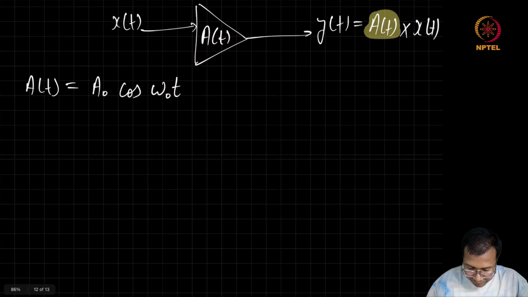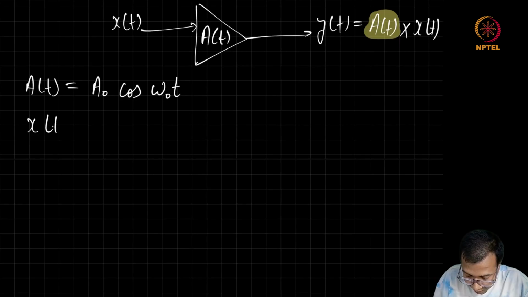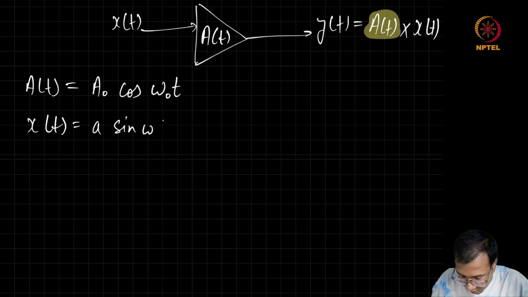And we will go back to our same example where x of t is also a sinusoid at frequency, say, omega n.